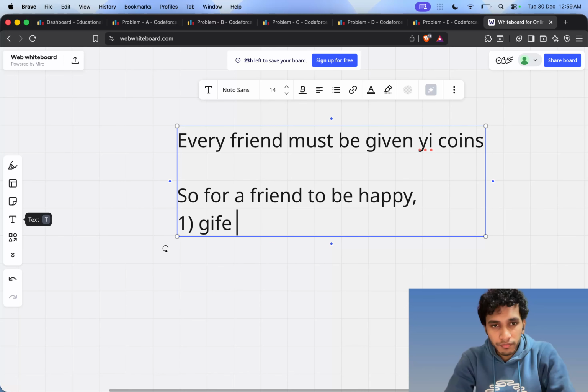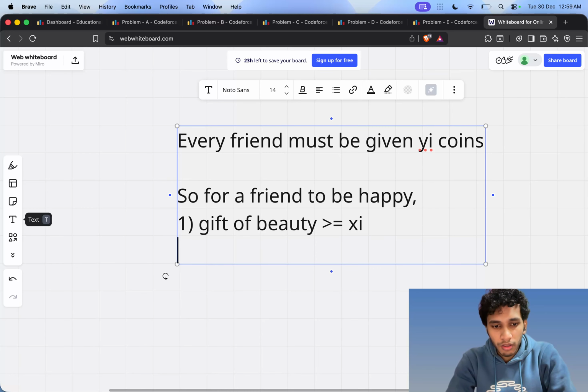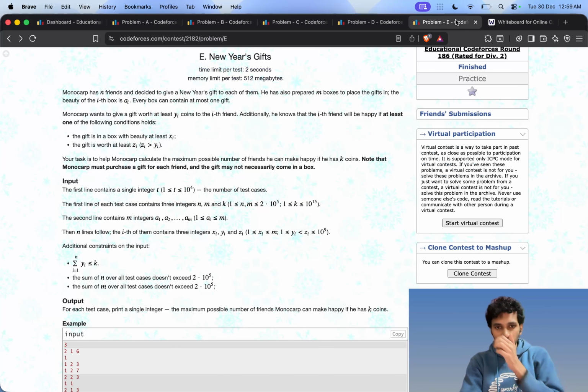First, a gift of beauty greater than or equal to xi. Second condition, use coins, zi minus yi. Alright, this is the overall conclusion from the problem statement.